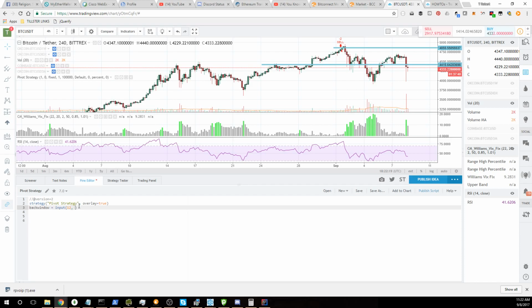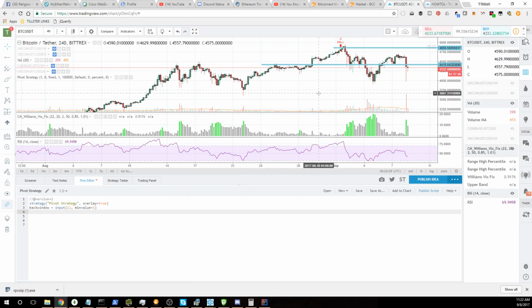And we're going to give it a min value so it doesn't crash, and that will be 1. It shouldn't be necessary, but it is necessary when you have charts that go to 0 or other problems like that. Then our oversold is also an input, and this is a 30 window.